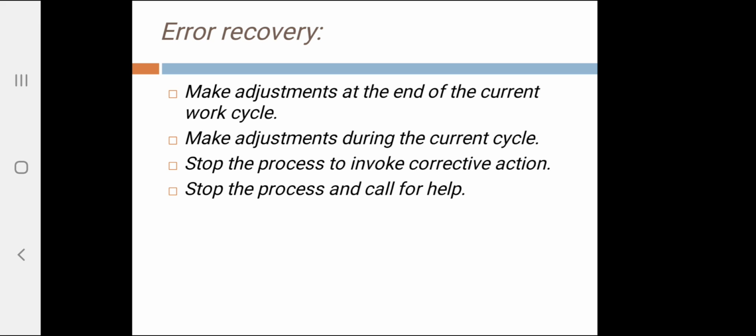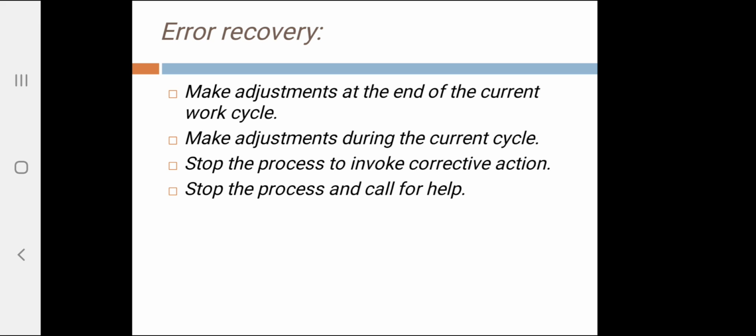The next strategy is stop the process to invoke corrective action. In this case, the deviation or malfunction requires that the execution of the work cycle be suspended during corrective action. It is assumed that the system is capable of automatically recovering from the error without human assistance. At the end of corrective action, the regular work cycle is continued.